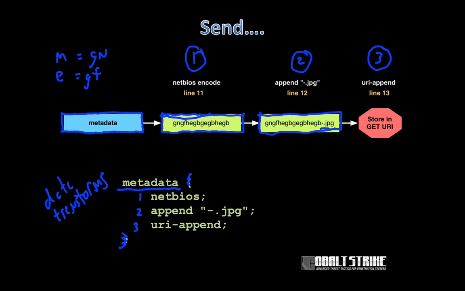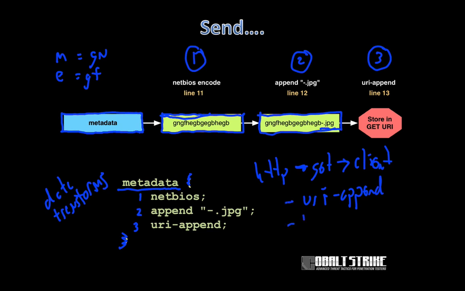Different types of termination statements are available in different contexts. Here in an HTTP GET client block, we have the option of doing URI append to stick the resulting thing onto the end of the URL. We also have the option to stick the resulting thing into a header or a parameter.